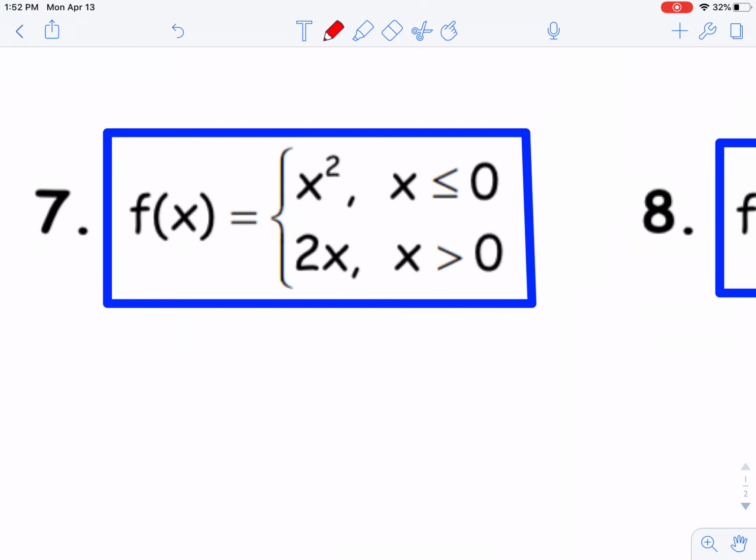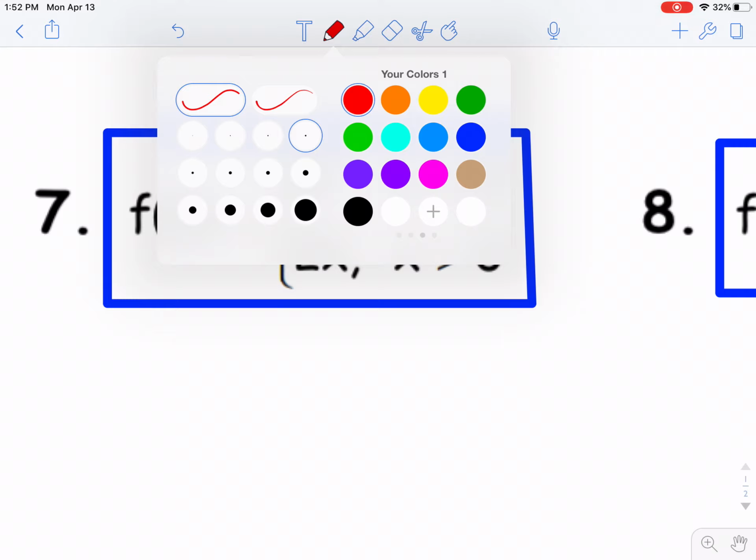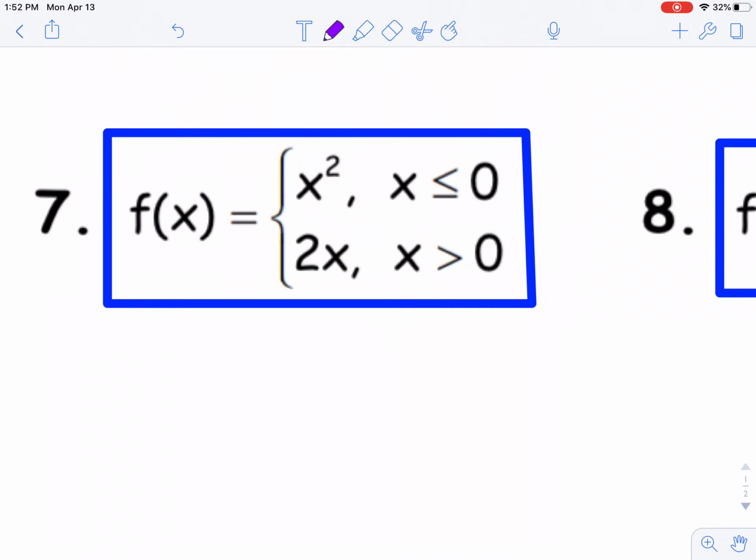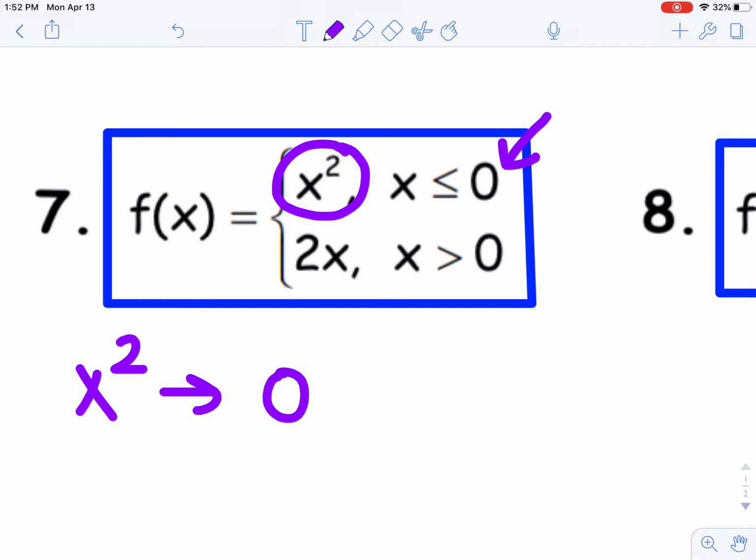Okay, number 7, because it's piecewise, the only options are that it's either a jump discontinuity or it's continuous. So how do I check that? Here's how. We take the first function and plug in whatever number is with the inequality. So I'm going to plug in 0 to this equation. 0 squared is 0.